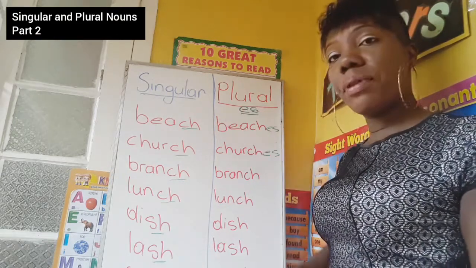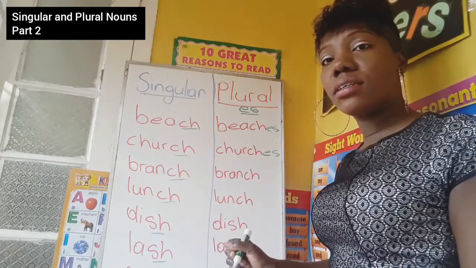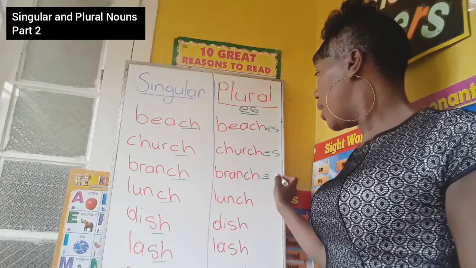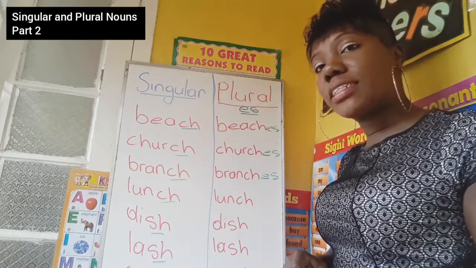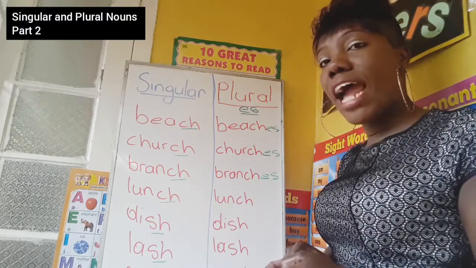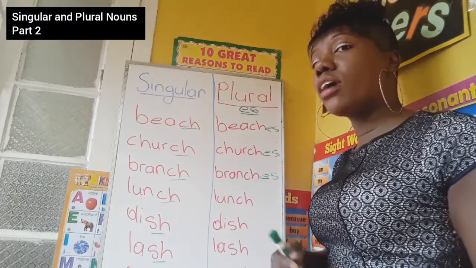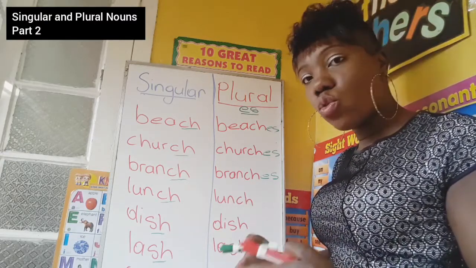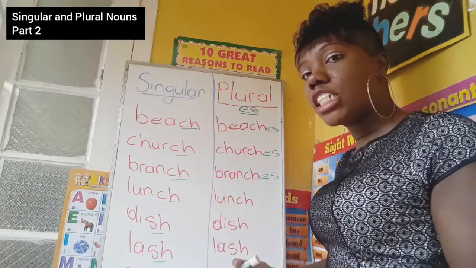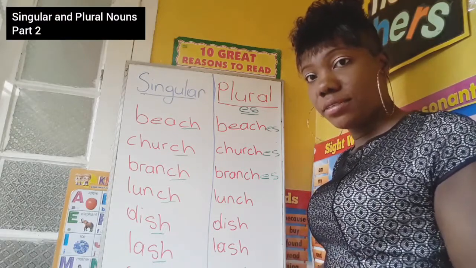We want to make it plural. So what do I add? ES. So now we have branches. What do we have now? Branches. When you're talking about more than one branch, you say branches. 2 branches, 3 branches, 4 branches.